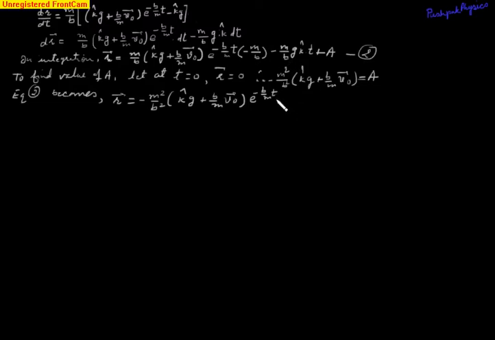Then this term minus m over b g t along k direction plus the value of a. This value I have to put, that comes out to be minus m over b.